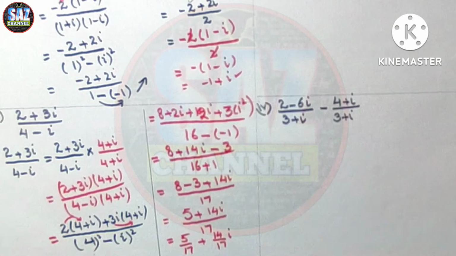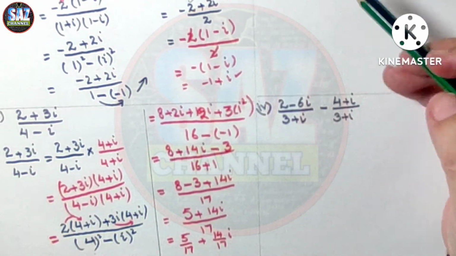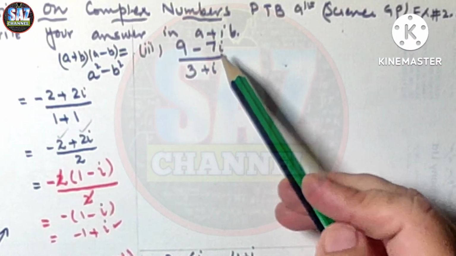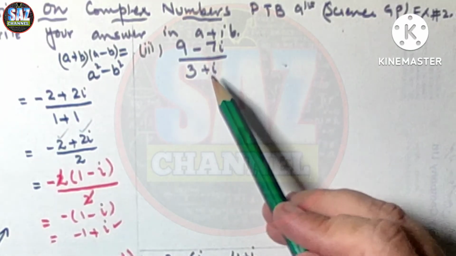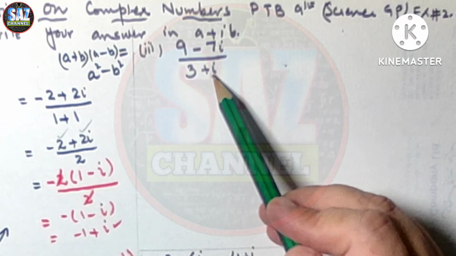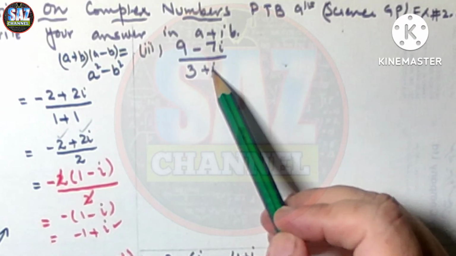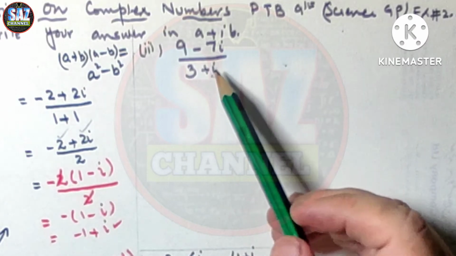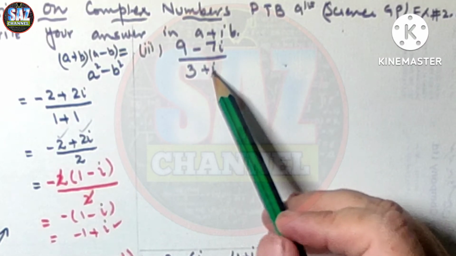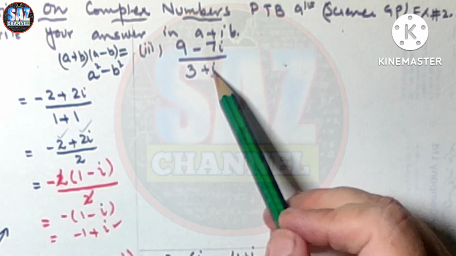Moving to the third part, and the third part is 9 minus 7 iota over 3 plus iota. Again the question is in fraction, and in the denominator we have the complex number. So, what we are going to do, we have to make this fraction free from the denominator, and we have to make the denominator real number.